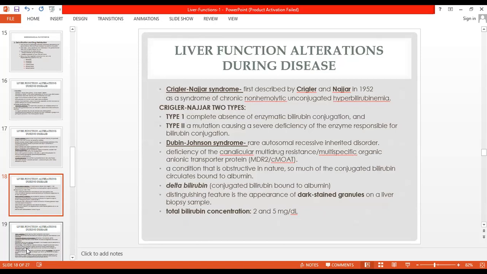While Gilbert syndrome and Crigler-Najjar syndrome are characterized as primarily unconjugated hyperbilirubinemias, Dubin-Johnson syndrome and Rotor syndrome are characterized as conjugated hyperbilirubinemias.